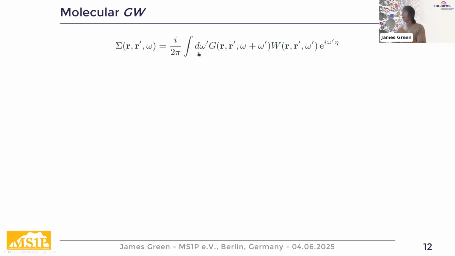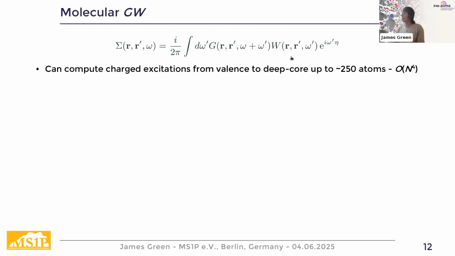So this is a frequency integration of the Green's function G multiplied by a screened Coulomb potential W. And so this is where this GW gets its name from. And with this, we can compute charged excitations from valence to deep core. And the implementation in FHI-aims can go to around 250 atoms, scaling to the fourth power.